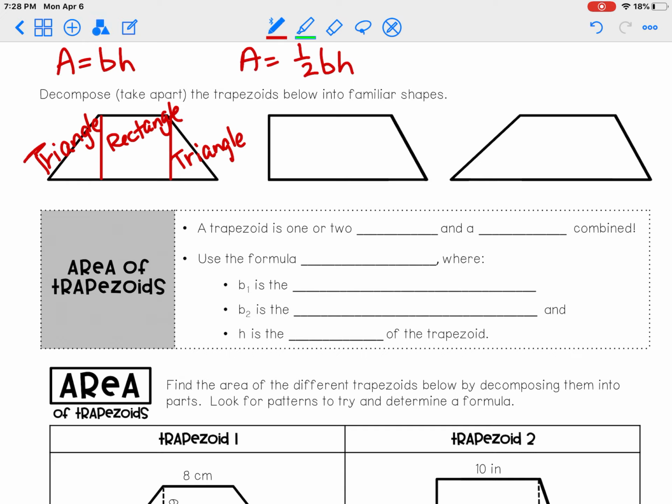If you look at this one, if I take this corner off here, it's actually only one rectangle and one triangle. And then finally, the last one is kind of like the first one, although it's not regular. It has different triangles on each end, but it's still one rectangle and two triangles.